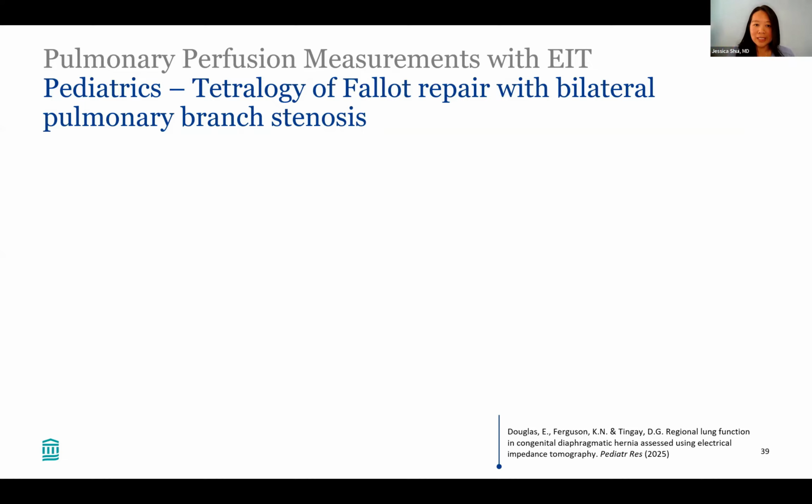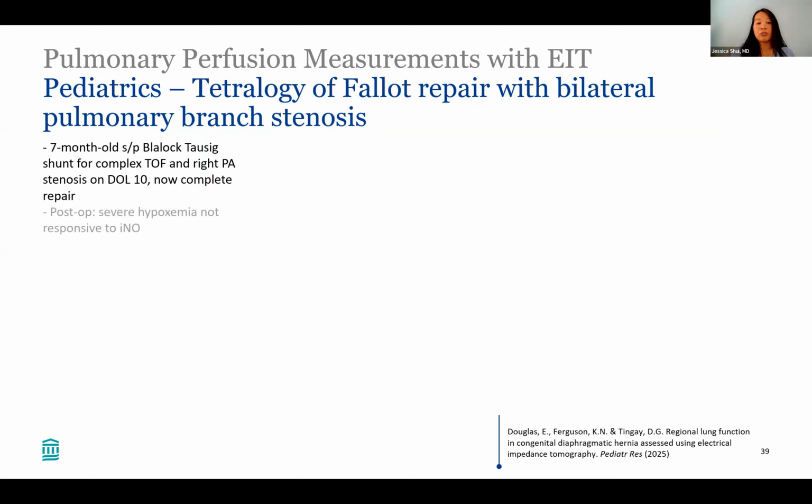So here's an example of a patient who had tetralogy of Fallot that was repaired, and also had bilateral pulmonary branch stenosis. This baby had a BT shunt for this at around 10 days of life, and at the time of this assessment, he's now 7 months old and had his full repair.